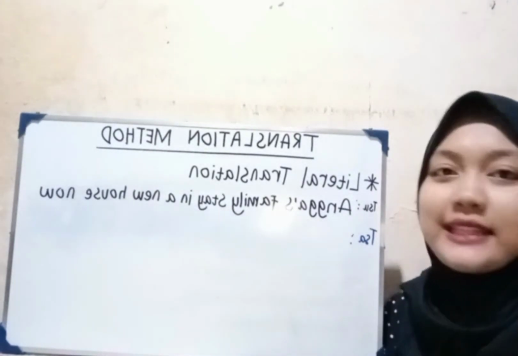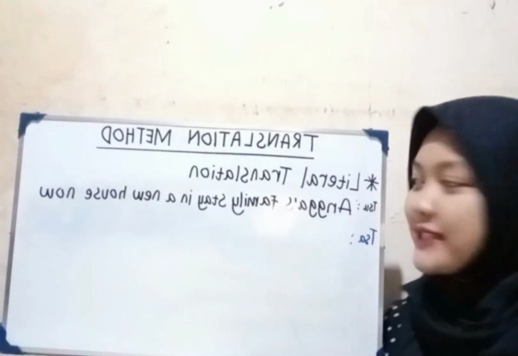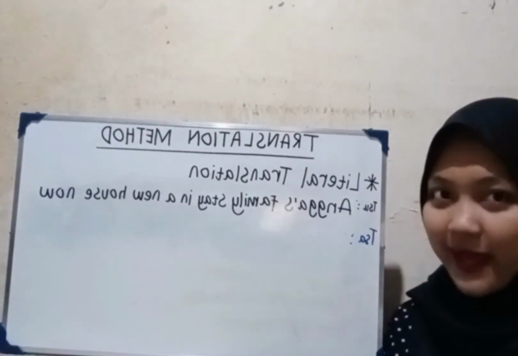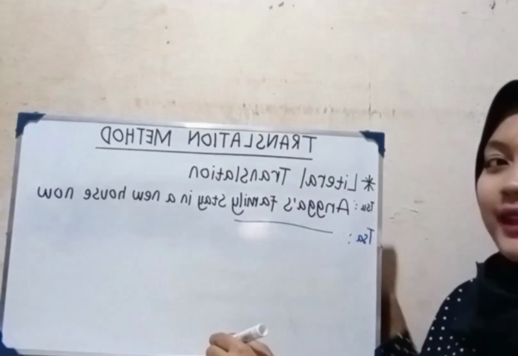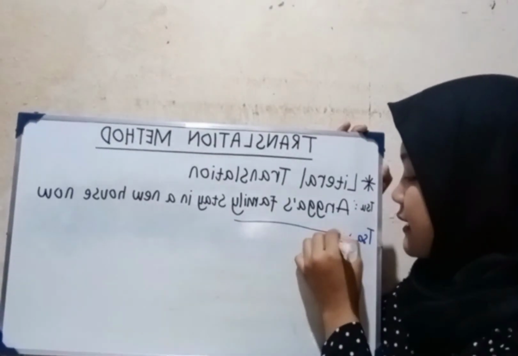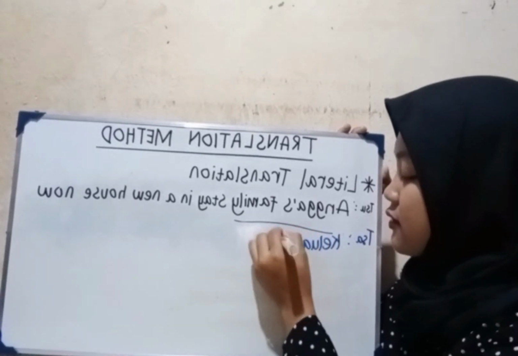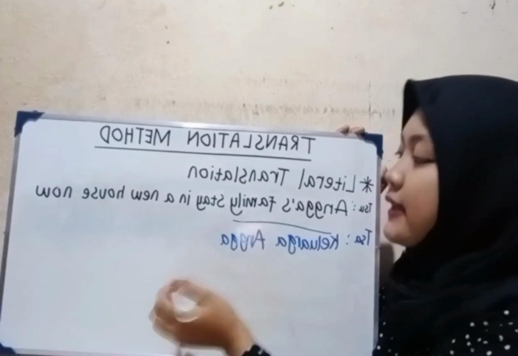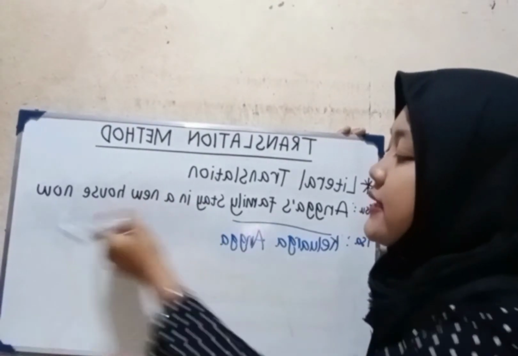Angga's family stay in a new house now. Let's try to translate the text. Use literal translation method. Angga's family, the meaning is keluarga Angga. Stay in a new house now.